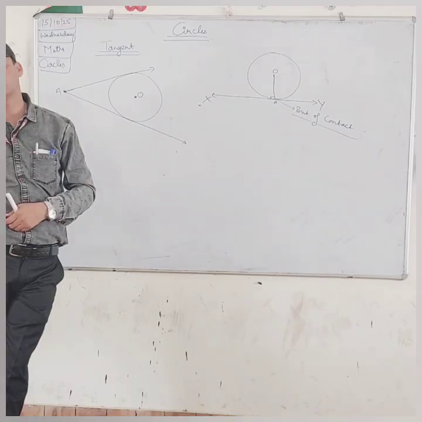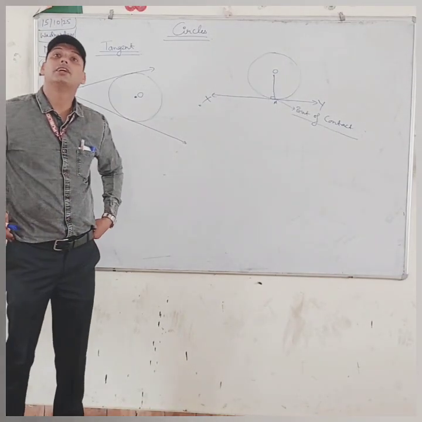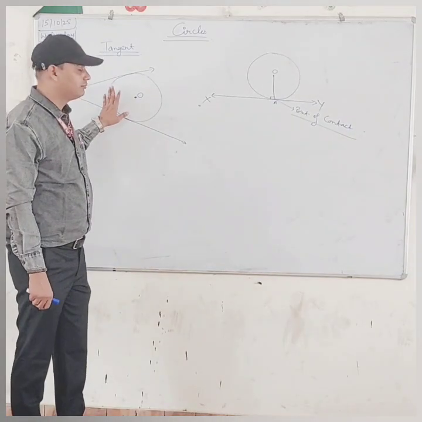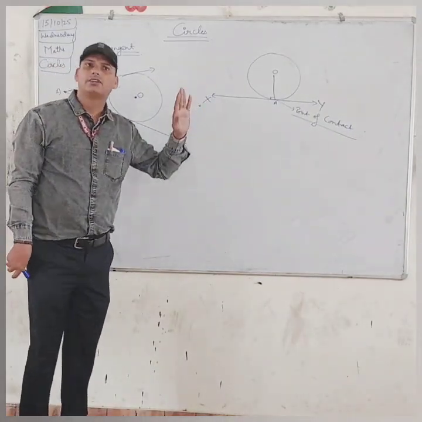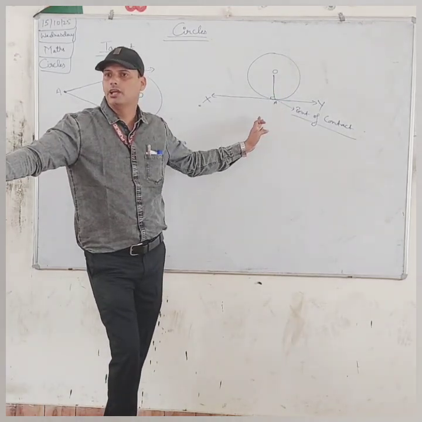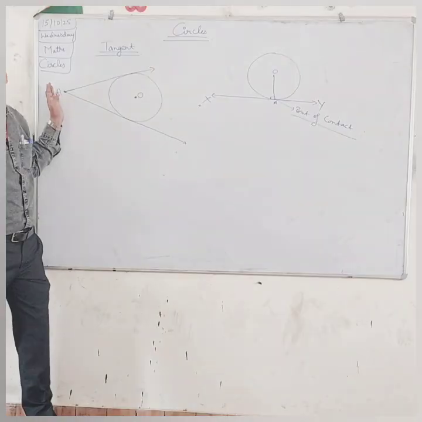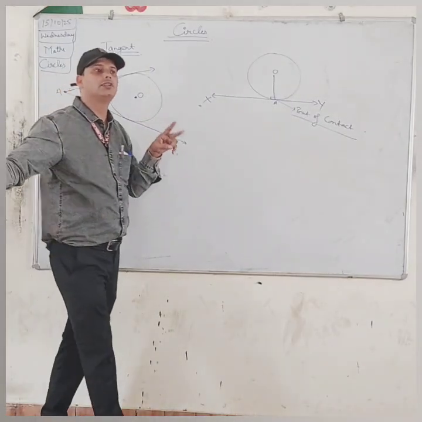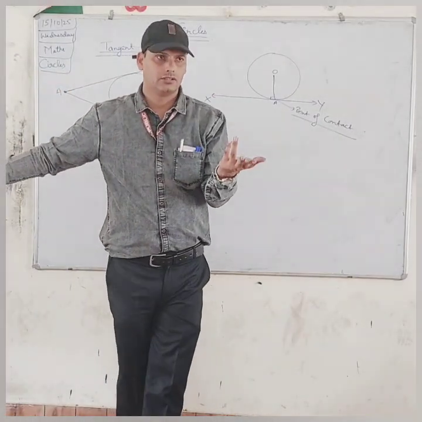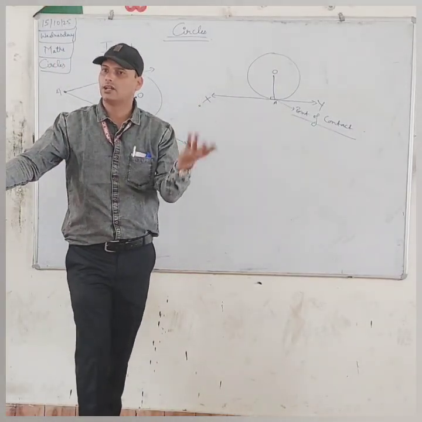Anyone having doubt after this? Remember that these are theorems. This radius will be perpendicular to the tangent, and from a fixed point outside the circle there can be only 2 tangents drawn to the circle.